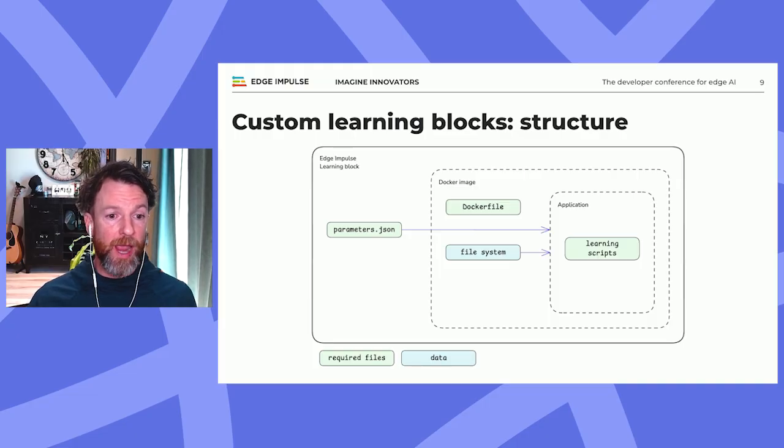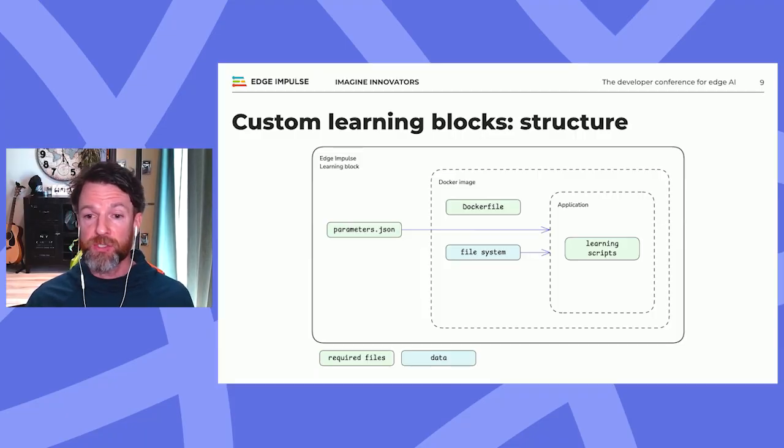That is the parameters.json file, and that is where you define the parameters that get passed to your training script as arguments. There's the Dockerfile, which provides the instructions on how to build the Docker image. And then there are your learning scripts within the actual application that you run. Then also the file system is mounted into the learning block, and this gives you access to the data that's required for training.